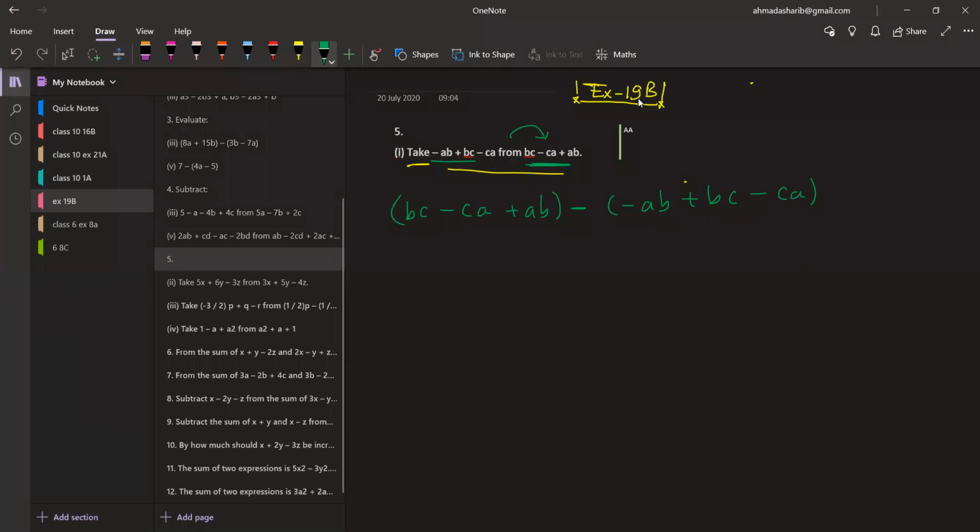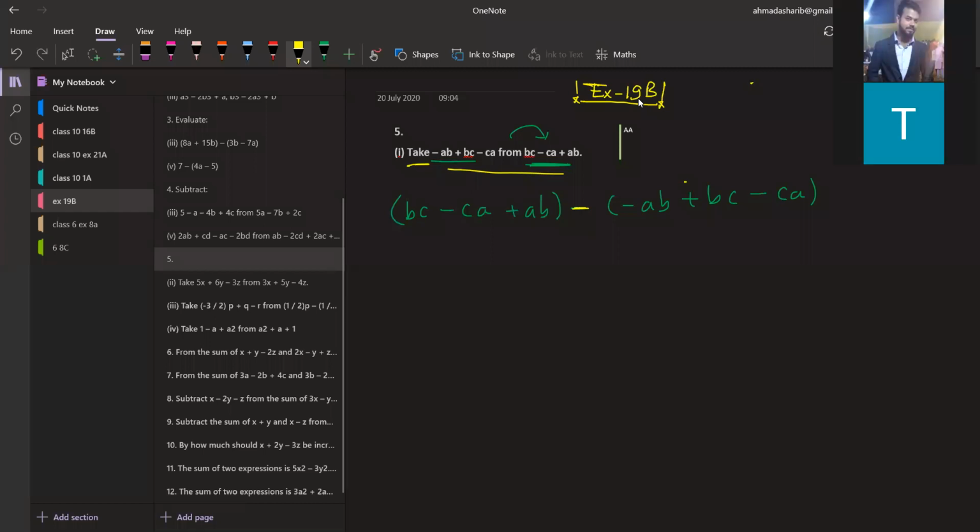Yes, you can, Shashank. Now, I have told you yesterday, if you have a minus sign outside the bracket, what do you have to do?